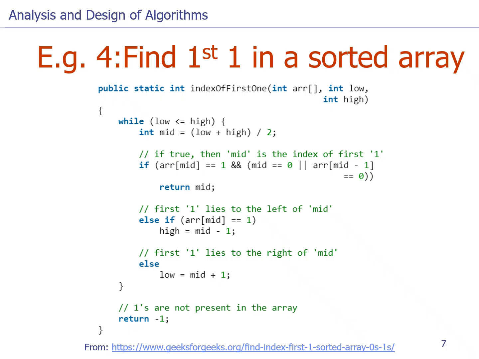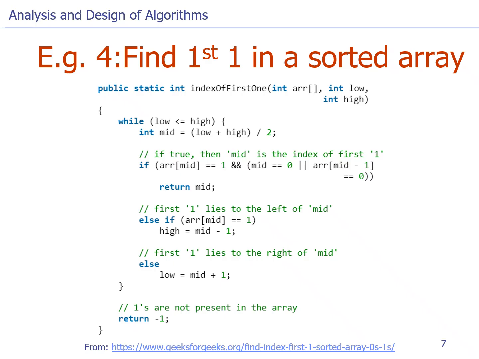Now if it's not, let's see what I'm doing. I'm saying else, if array of mid equal to 1, I have found that this is a 1. So mid is somewhere, it's not in location 0. Let's say array of 5 is equal to 1. Well, I cannot conclude that this is the first one.